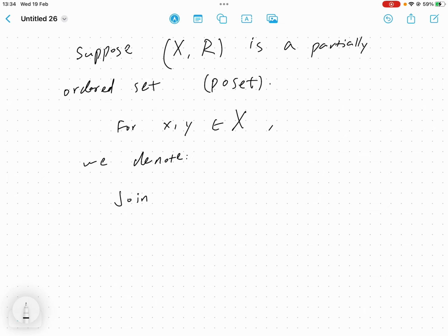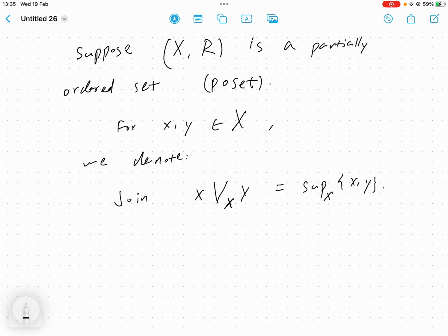When we say join, we write this join as x with this notation. This is sort of like the union, but with an angle, so this is more like a V. So the join in X of x with y is defined as the supremum over X of those two elements.